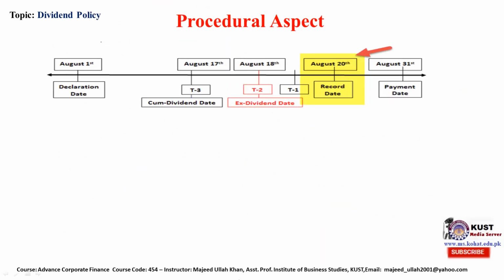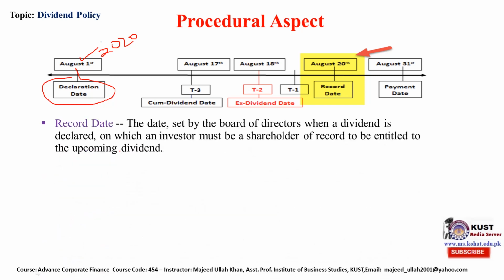There are some technical terms which we will discuss here. Let's suppose the board is sitting on 1st August 2020. It already had a meeting and declared a dividend.